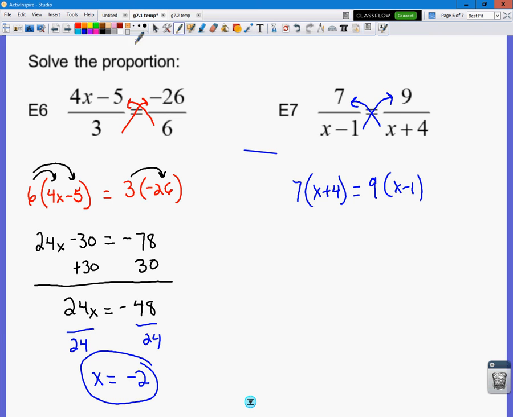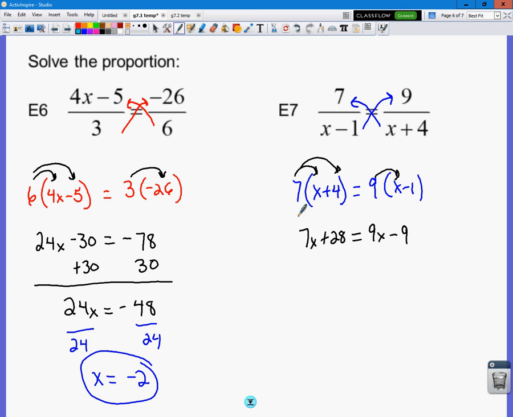Just like in the last problem, when we go to solve this, we're going to have to distribute this 7 through the parentheses. 7 times x, 7x. 7 times the 4 is 28. 9 times x, 9x. 9 times negative 1, negative 9.